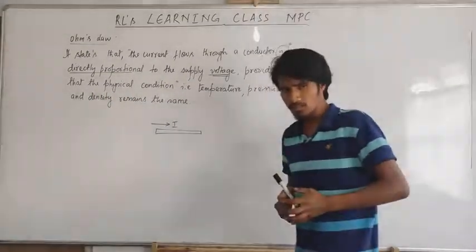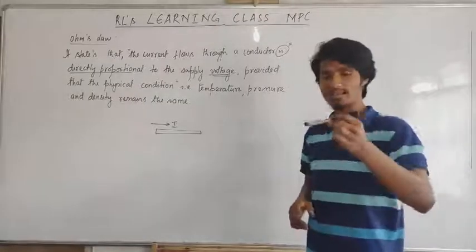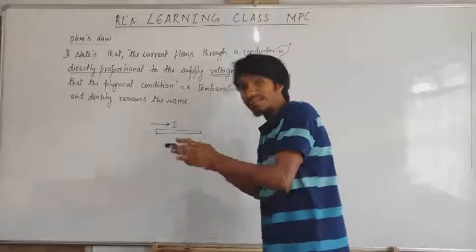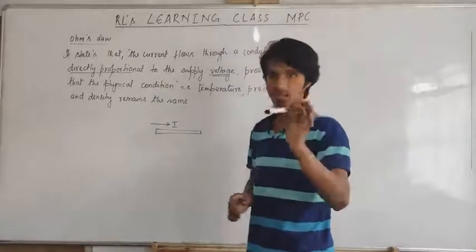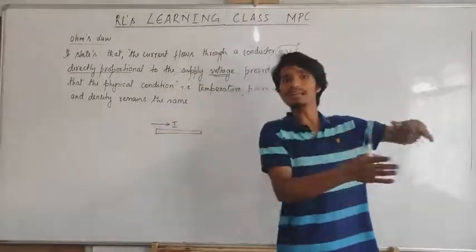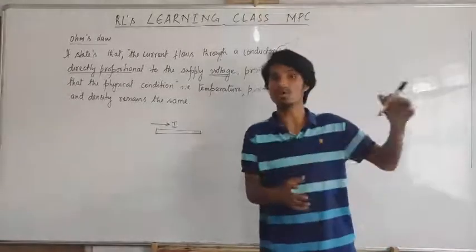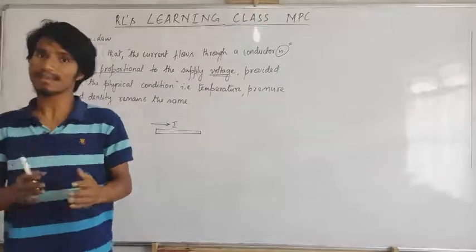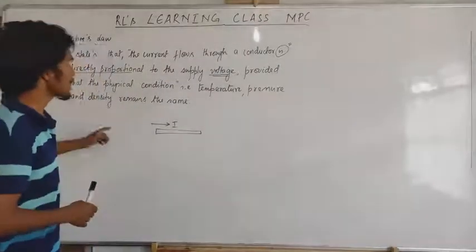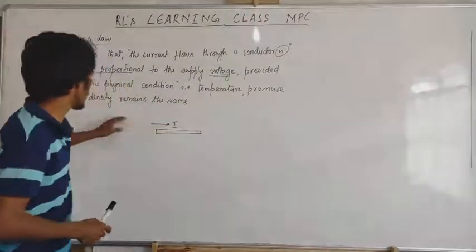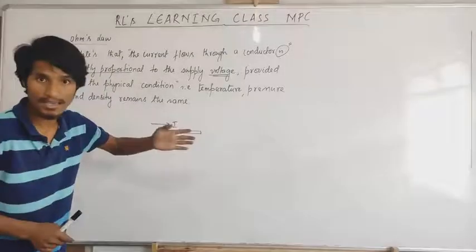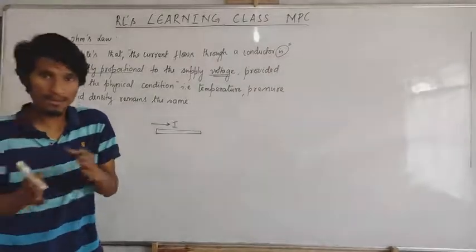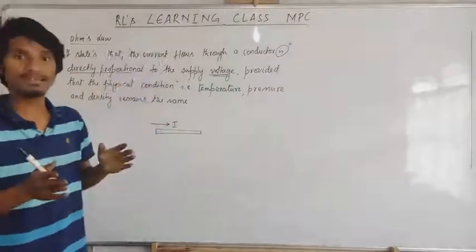If we want to find the resistance, we have to say at 25 degrees Celsius the conductor is 10 ohm, or at 15 degrees Celsius it is 8 ohm, for example. Then this Ohm's law is not valid when the temperatures are changing. That's why I said, provided that the temperature, pressure, and density remain the same, it should not change. If it's changing, the experiment will change. We won't get the same answer.